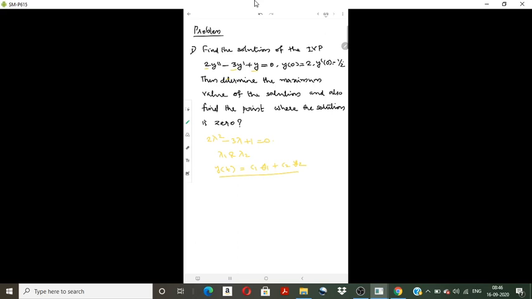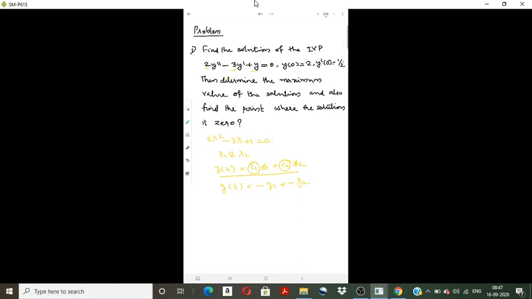Applying the initial conditions you will get particular values for c1 and c2. So now you have the particular solution, something into y1 plus something into y2. Then determine the maximum value.